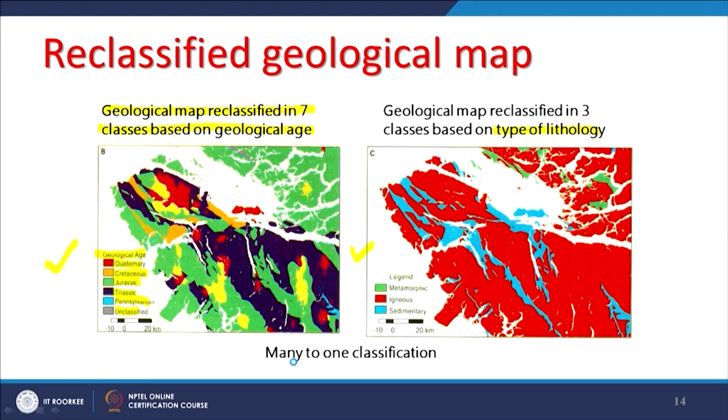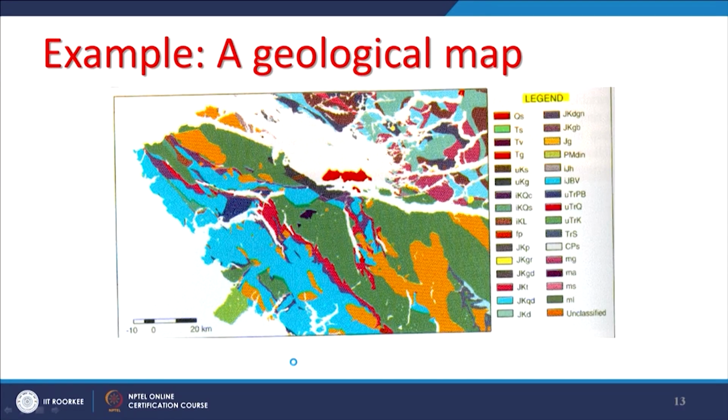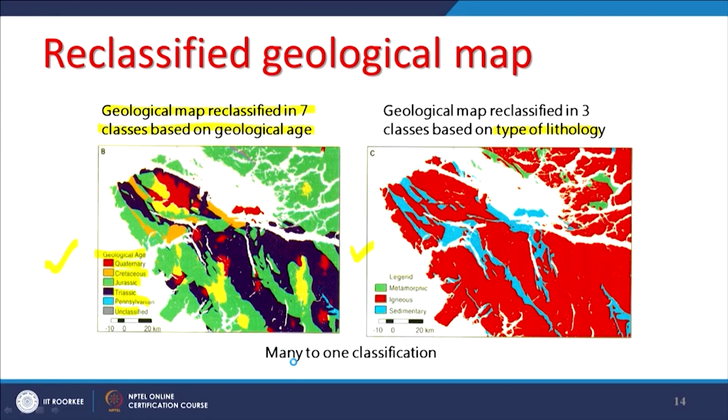and no new generation of boundary of any polygon. Whereas in previous examples, when we went from 20 to 6, we had a reduced number of polygons in my display, not really in the database, only for display. And when we went from 6 to 3, further reclassified based on the type of lithology, that means sedimentary, igneous, metamorphic, then only 3 types of polygons are there.